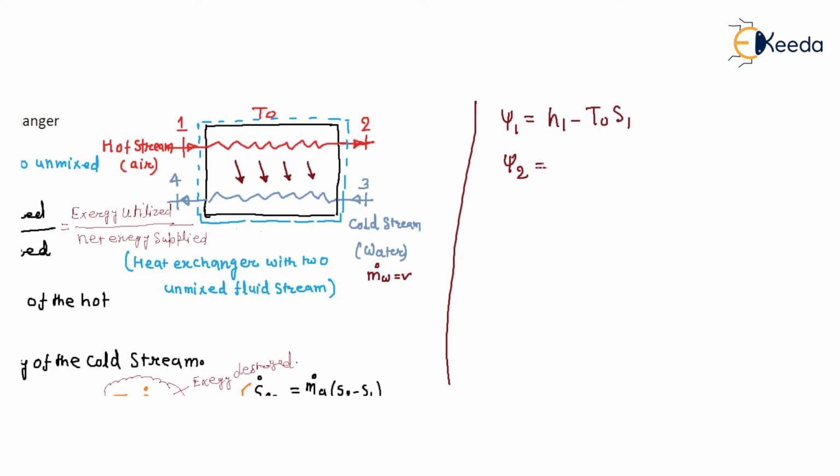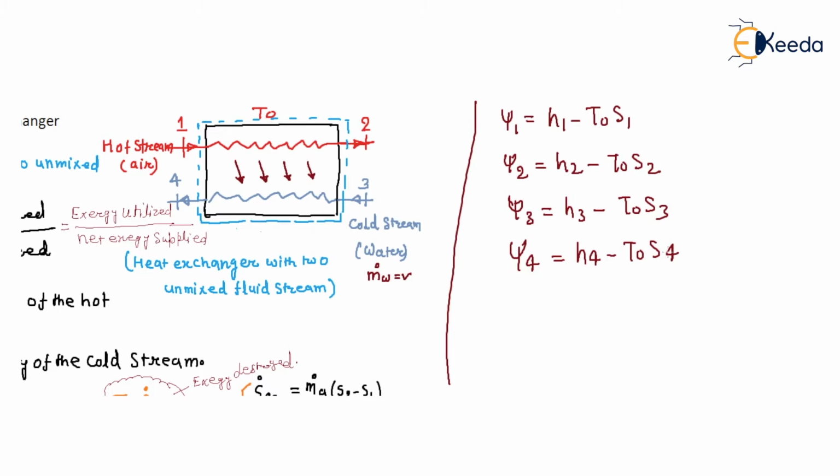Phi 2 you have H2 minus T naught S2. Phi 3 you have H3 minus T naught S3. Phi 4 you have H4 minus T naught S4. So you have all these values, no problem.